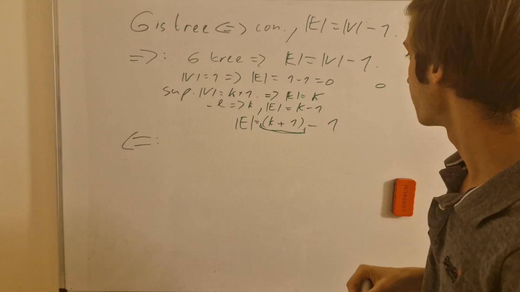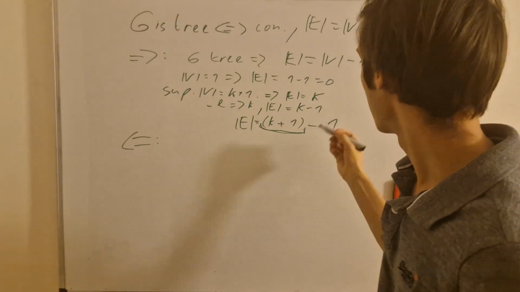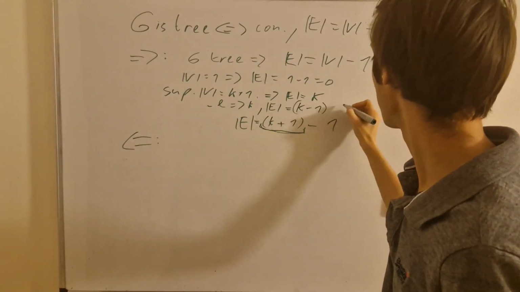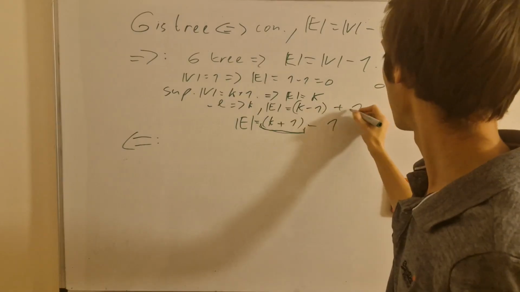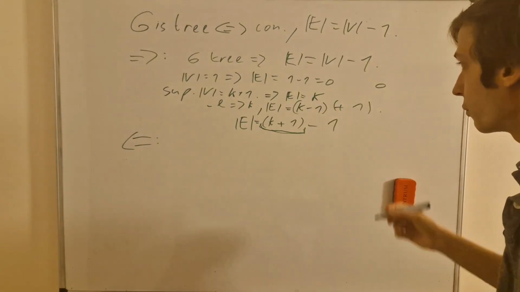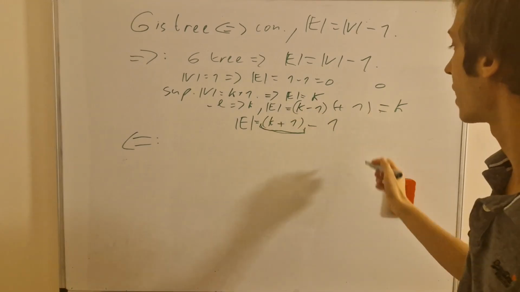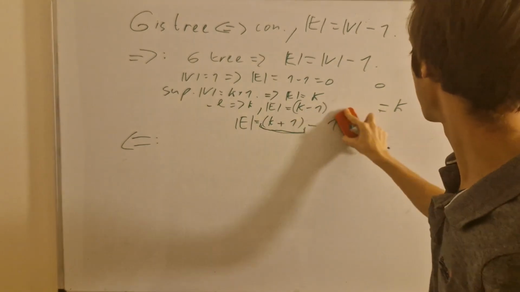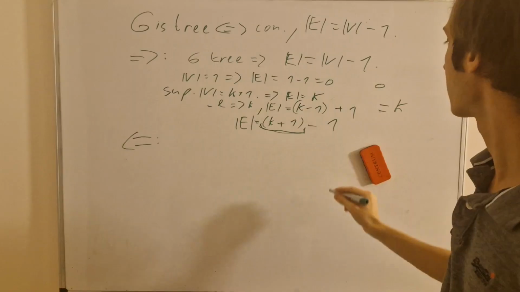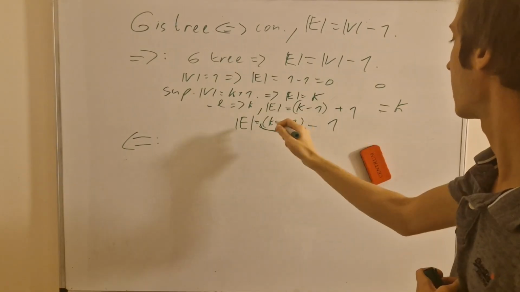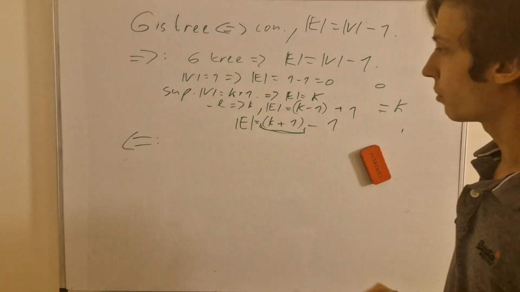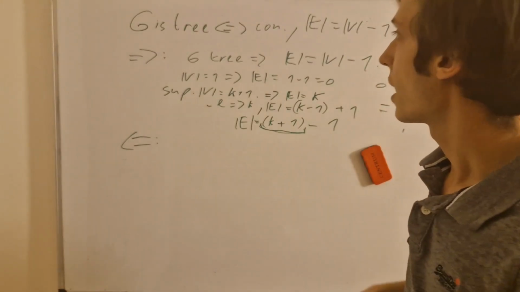Another way to say it: k minus 1 plus 1 is the same as k plus 1 minus 1. So that was the induction layout.